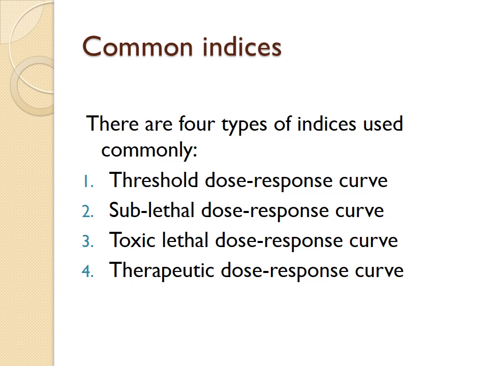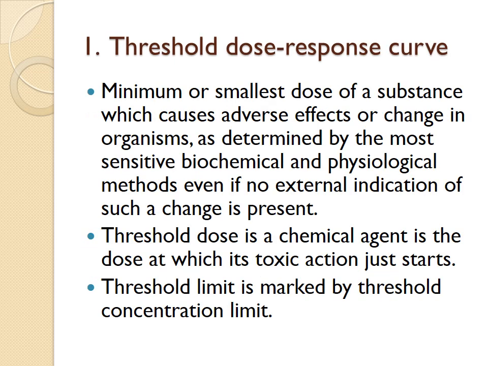If we talk about common indices, there are four types commonly used. These include threshold dose response curve, sublethal dose response curve, toxic lethal dose response curve, and therapeutic dose response curve. First of all, we are going to look at the threshold dose response curve.